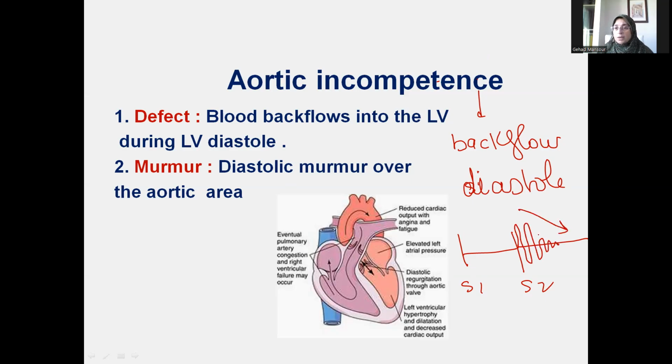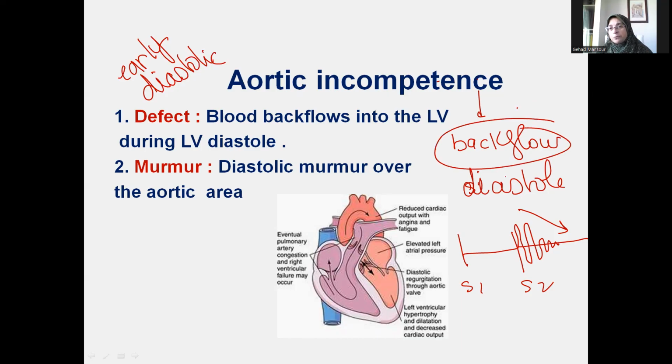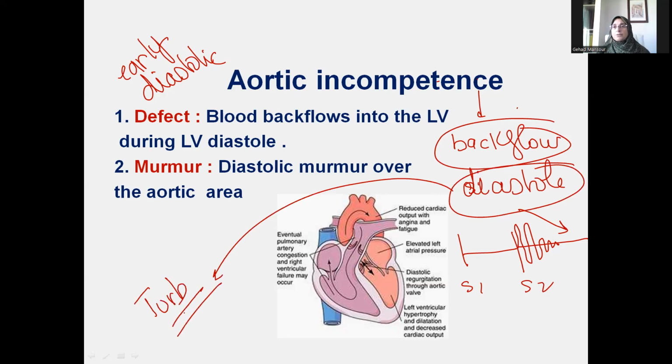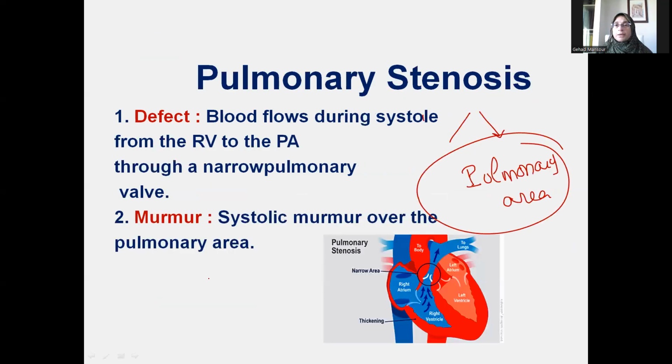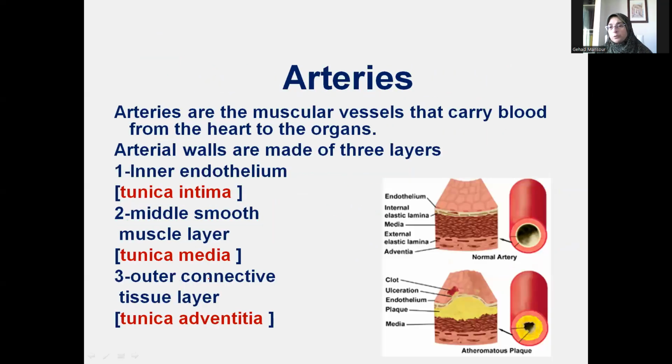It starts high and then lowers down. So aortic incompetence is very characteristic because it is an early diastolic murmur. It is due to backflow, and backflow occurs during diastole, and backflow results in turbulence, and it is a decrescendo murmur or an early diastolic murmur. Similarly, pulmonary incompetence. The only difference is in the location.